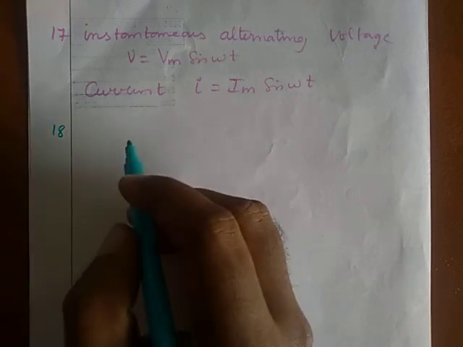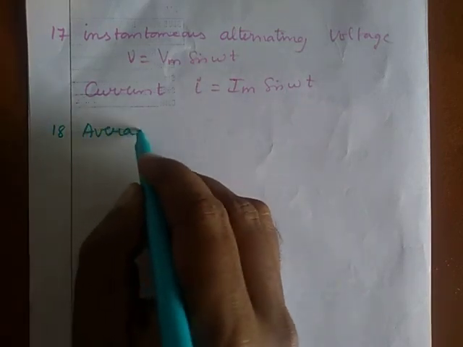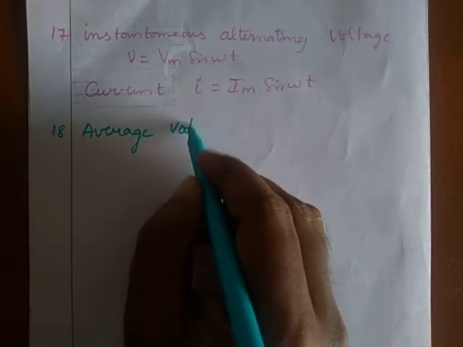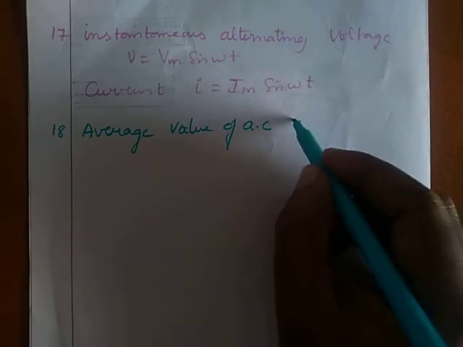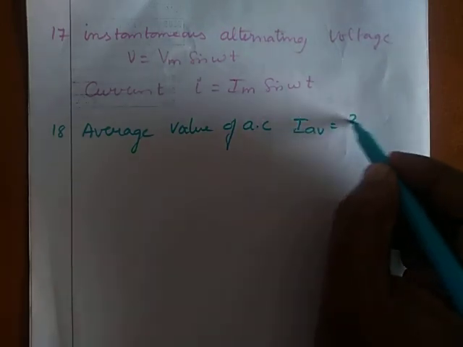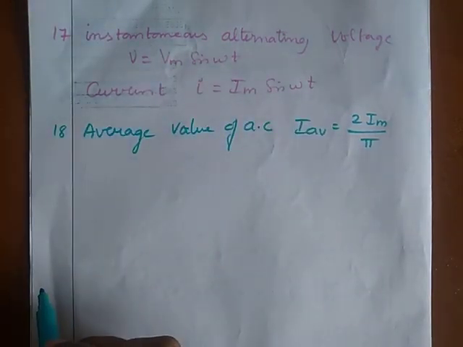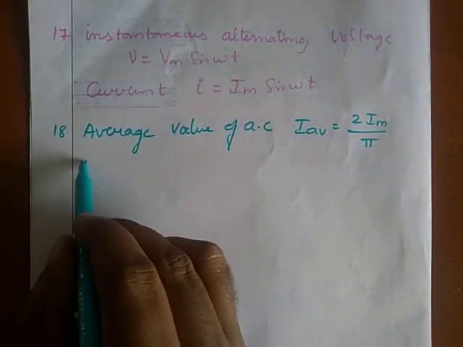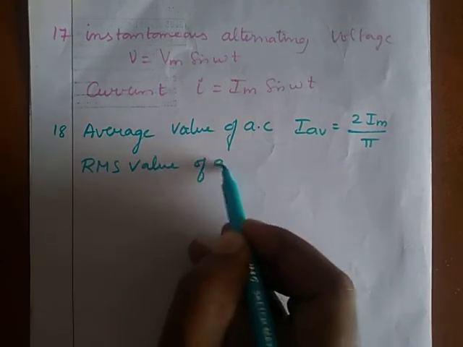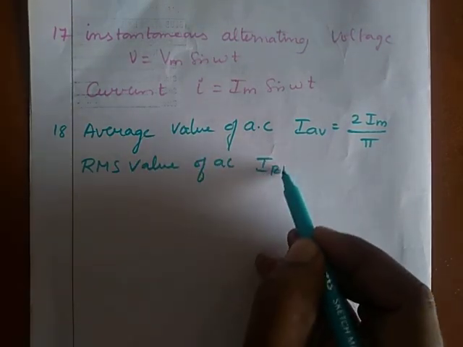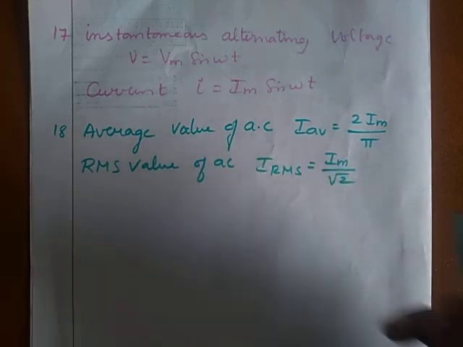Then the average value of AC, that is I average is equal to 2 Im by pi. Okay, the next, RMS value of AC, that is I RMS is equal to maximum current by root 2.